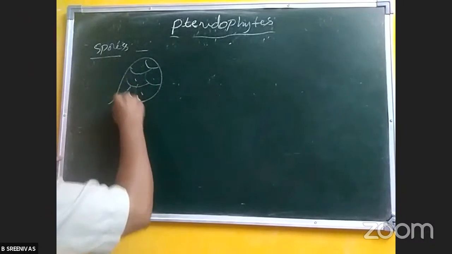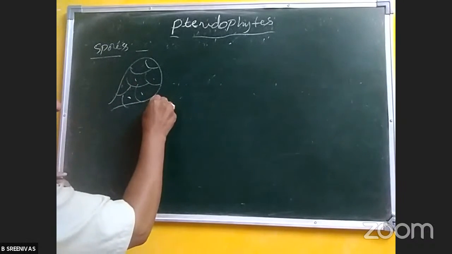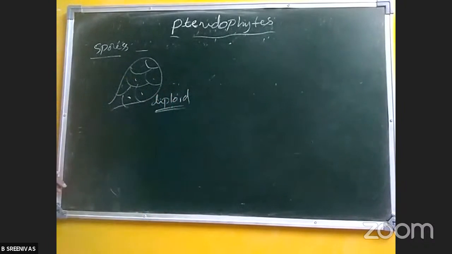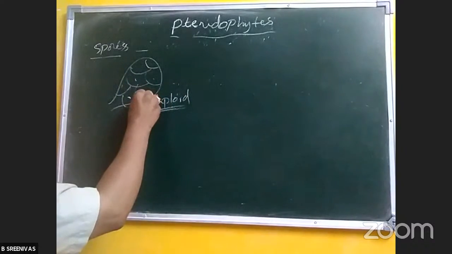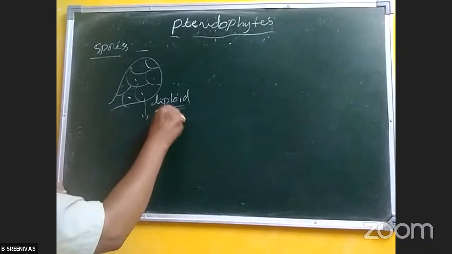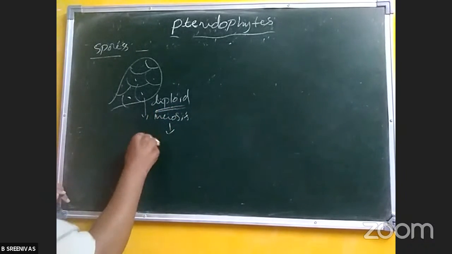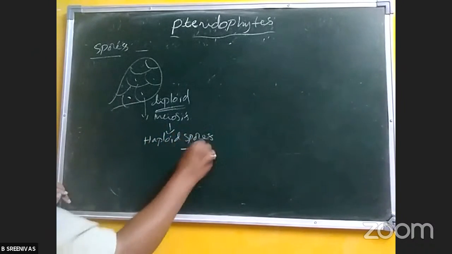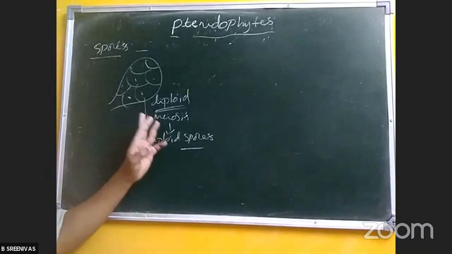This sporogenous tissue is diploid in condition. These cells develop into spore mother cells. Spore mother cells undergo meiotic division, meiosis, and produce haploid spores. These haploid spores are either of the same type or two different types.